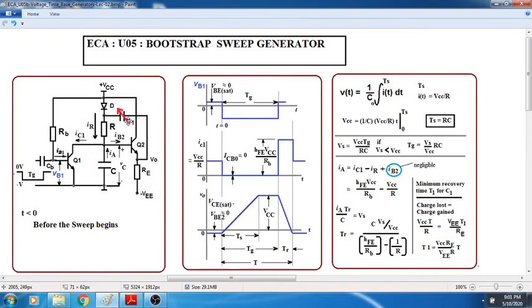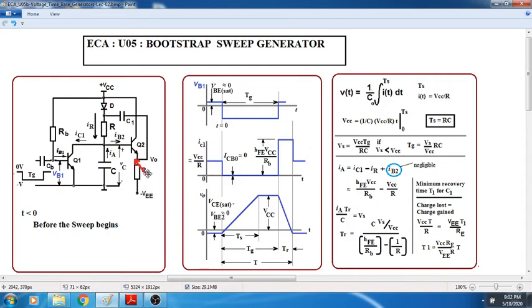So if we neglect the diode drop, across C1 the voltage has to be VCC. Now this is interesting because we are using a resistor here. One end of the resistor is connected to one end of C1, the other end is connected to the emitter, but the potential is more or less the same. The value at the other end of the resistor and the emitter is almost the same.